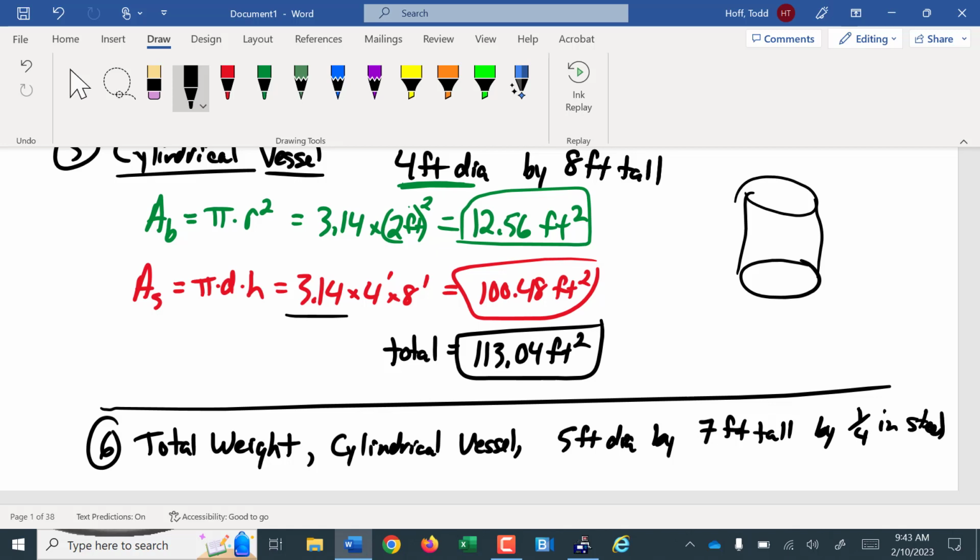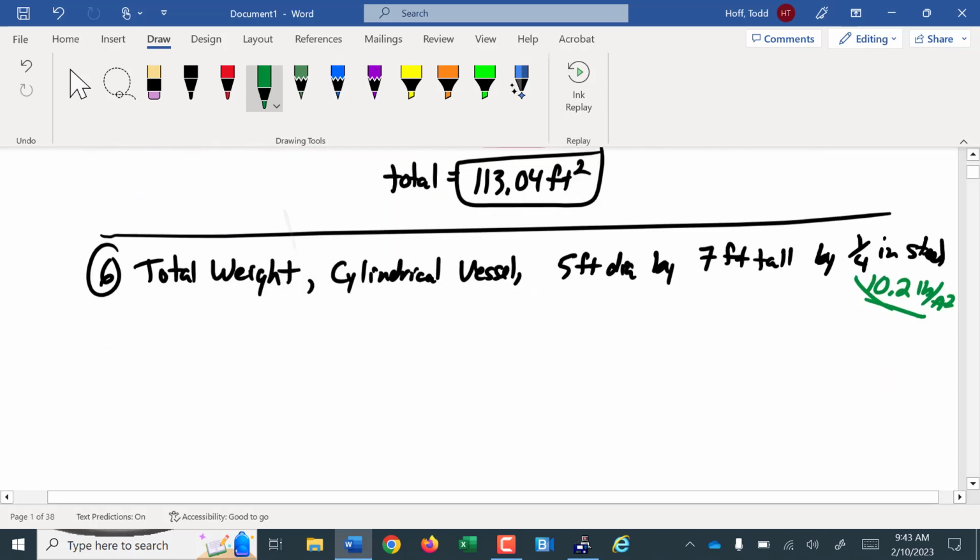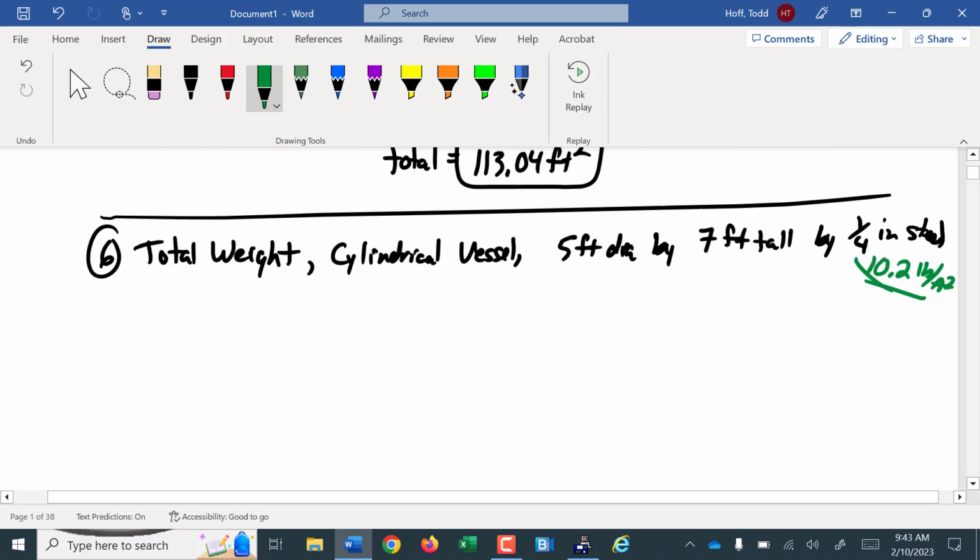So the 1/4 inch steel, we'll need that later. If we look that up, what is that, 10.2 pounds? And that is, of course, pounds per square foot still. So before we can use that, we need the total area of this vessel.